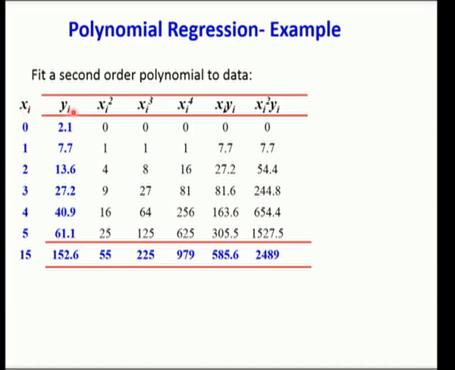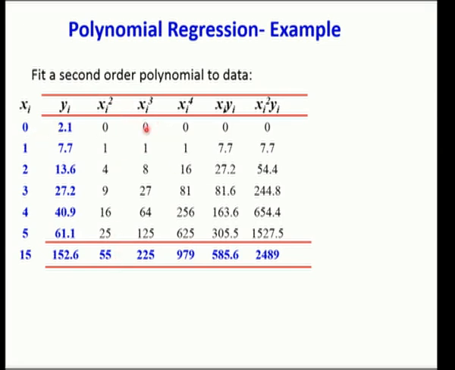You have x_i, y_i: 0, 2.1; 1, 7.7; 2, 13.6; 3, 27.2; 4, 40.9; 5, 61. So, the summation x_i is 15, summation y_i is 152.6, and summation x squared is 55.